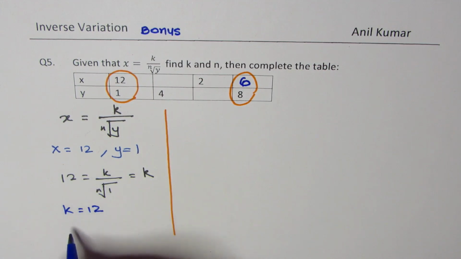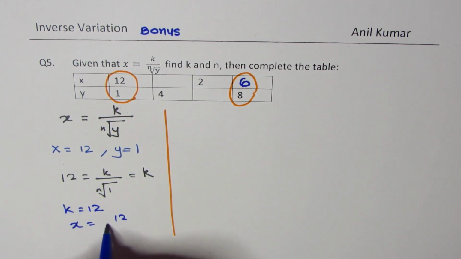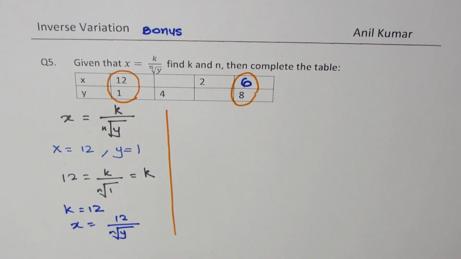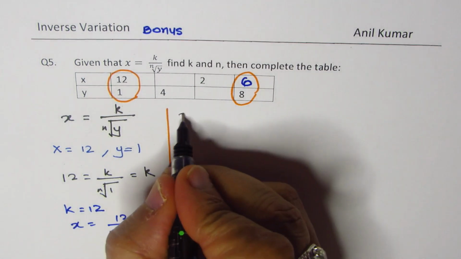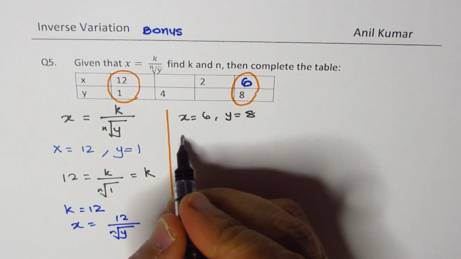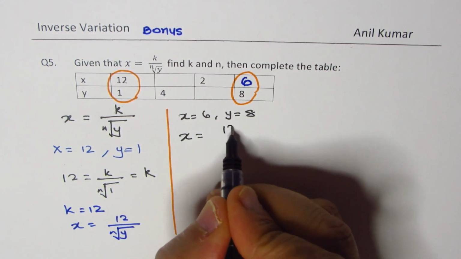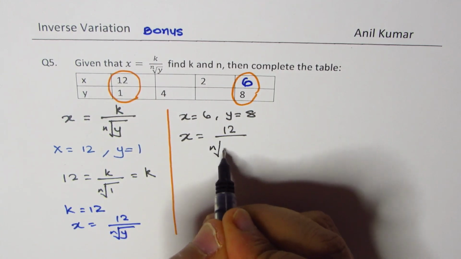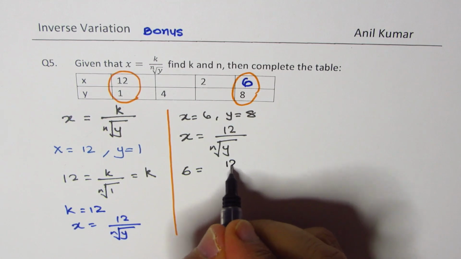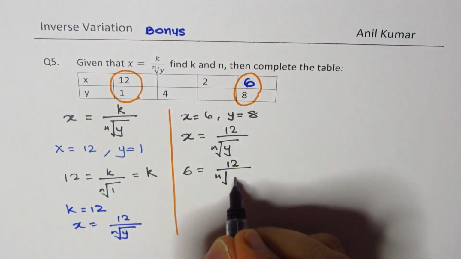So x is equal to 12 over the nth root of y. We'll use the second set, where x is equal to 6 when y equals 8. Substituting, we get 6 equals 12 over the nth root of 8.